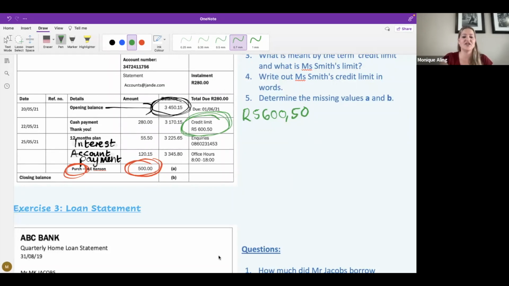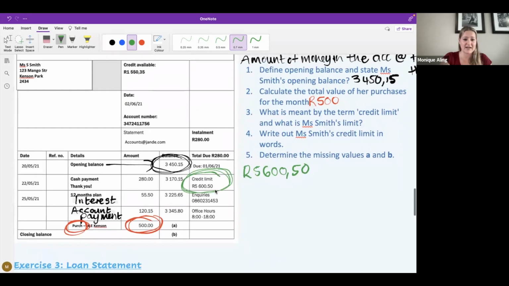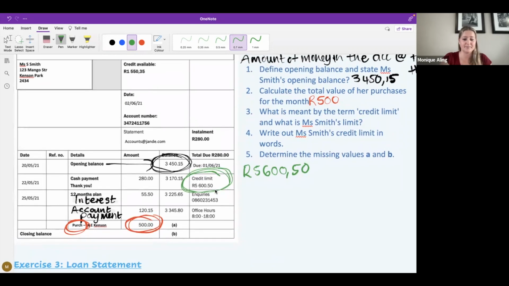That's how much she is still allowed to spend. So if we have a look at the statement, credit limit is 5,600. That's how much the store has agreed to lend Miss Smith. She's spent some money.